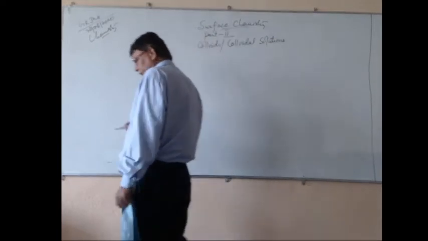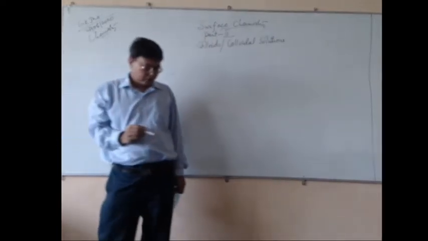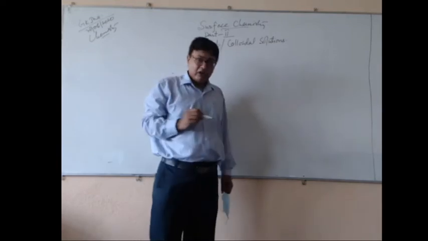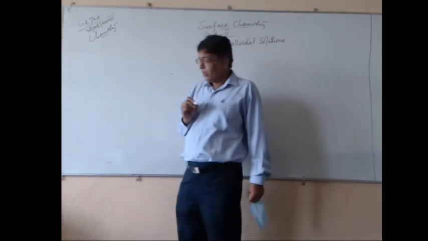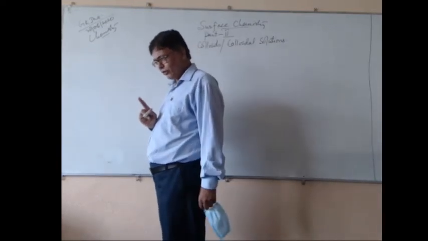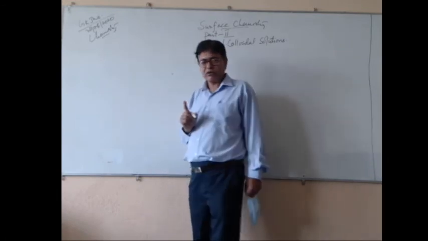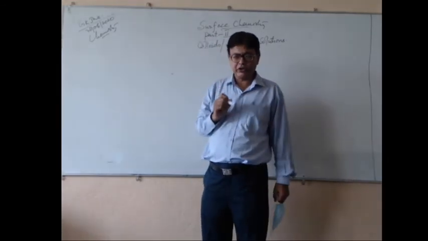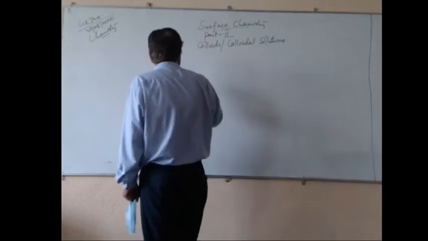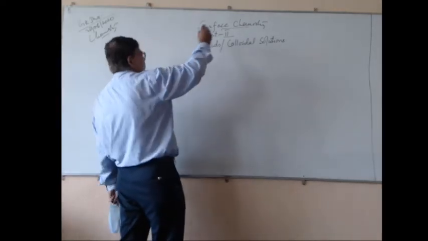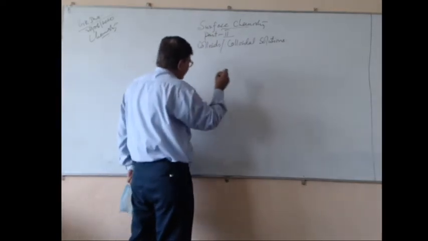One thing is clear, that colloids are also solutions. Only thing is that this is a different kind of solution from the ordinary solution, what we call a true solution. Simply, just to introduce to you the basic ideas.